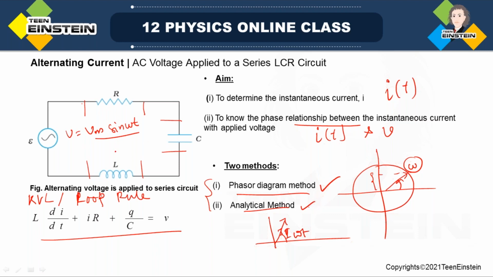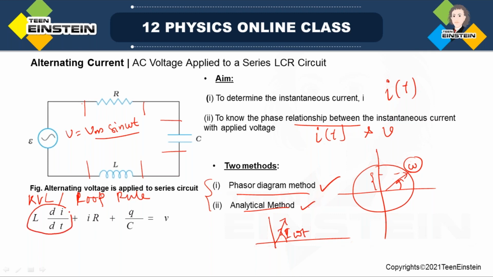Okay, in a closed loop we know the voltage drop across each element. If you just sum all of them, that will be equal to the EMF of the battery or the voltage of the battery in this case. So from Kirchhoff's loop rule, you can write this equation.